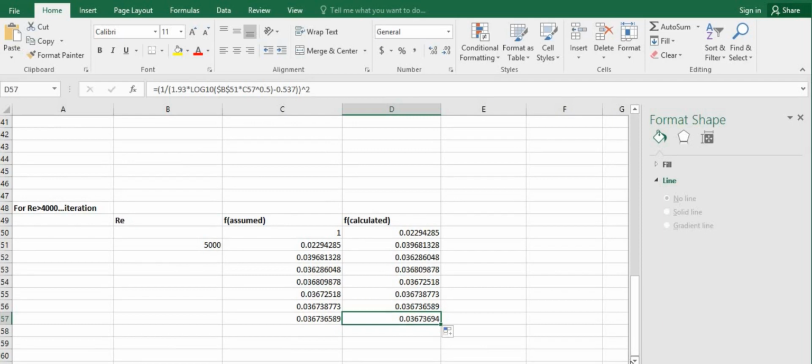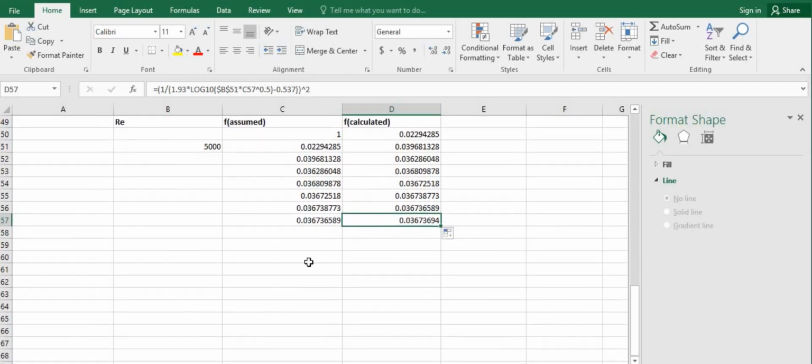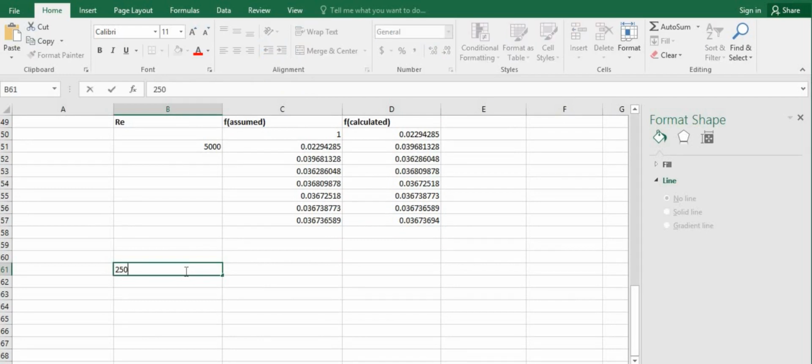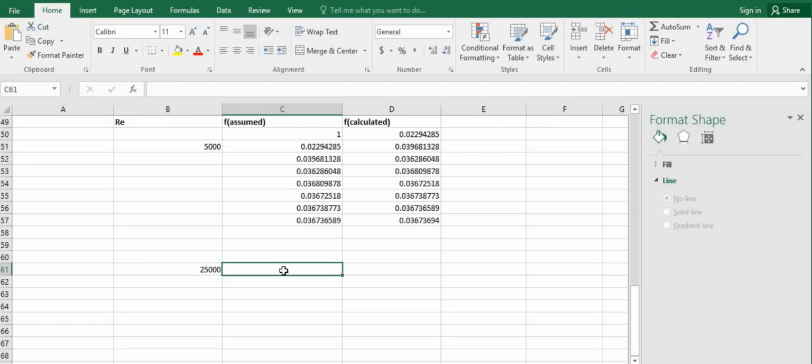When you want to do the same thing for the other values, for example, we're asked to calculate up to 25,000. So for 25,000, the value could be anything. You can assume an initial value of maybe 2 and then input your formula here.